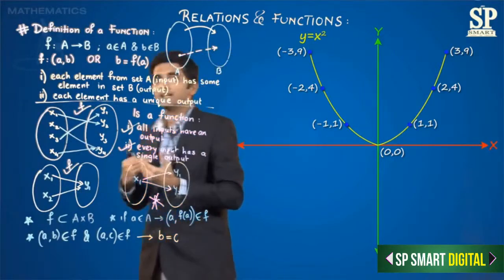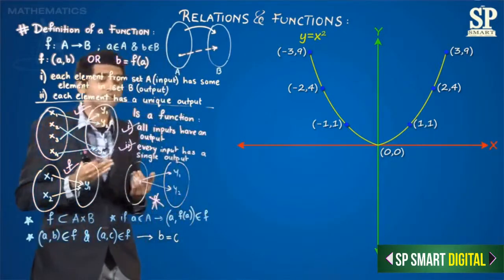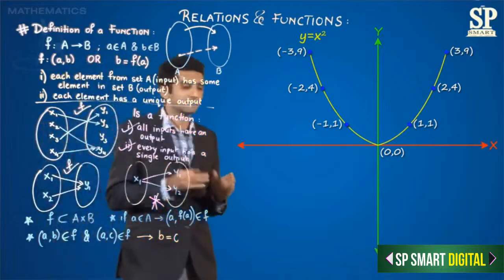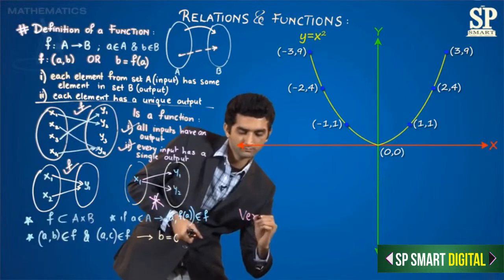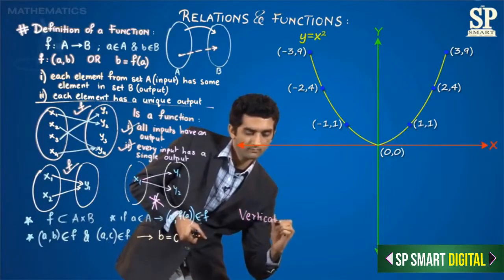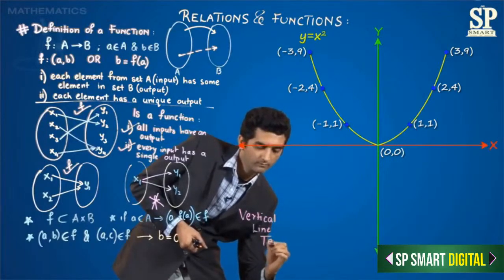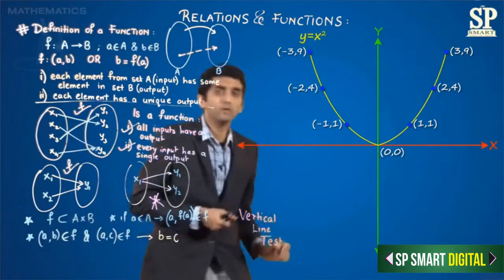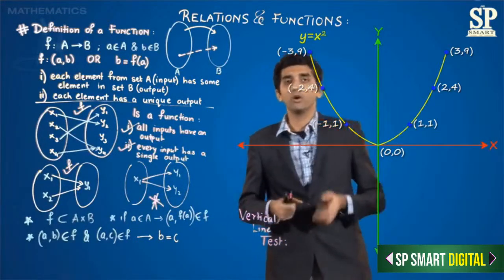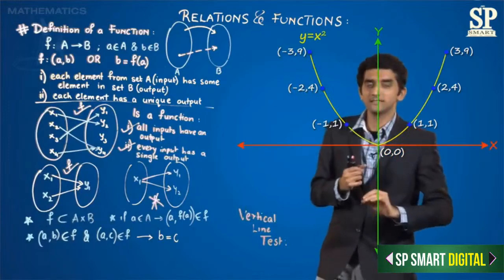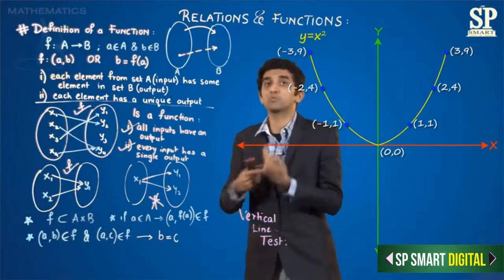Now to understand this thing in a better way, we have a particular test, and that test is called the vertical line test. So let me just write that down over here. Now, the vertical line test, as it itself says, we need to draw a vertical line and see whether it cuts the graph at one point or more than one point.